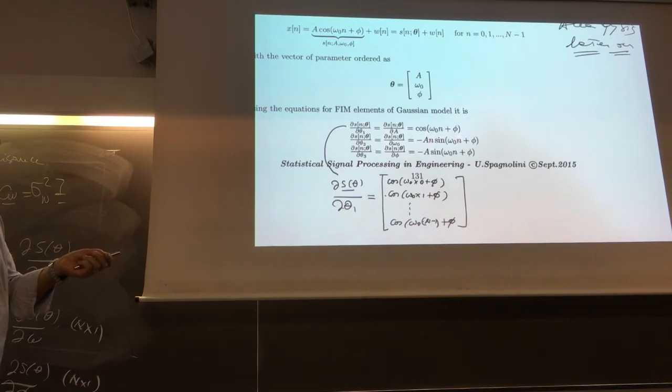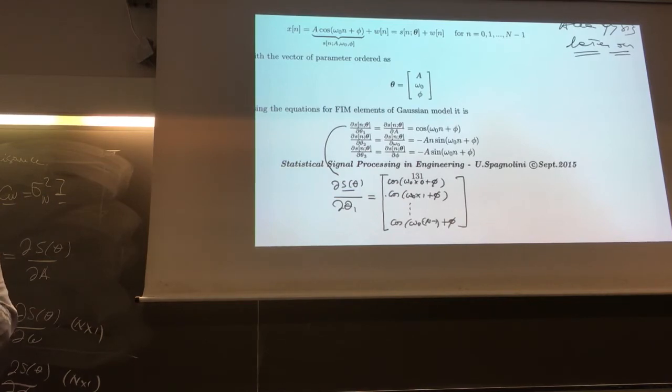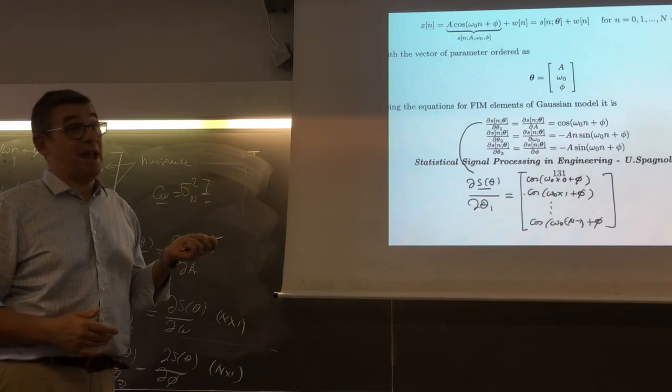Okay? So then you know what I need to put. I need to put together this vector multiplied by the vector itself, placed as an inner product. Inner product is a row vector multiplied by a column vector. So it's this by itself.